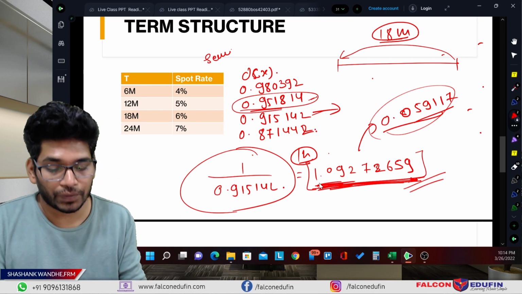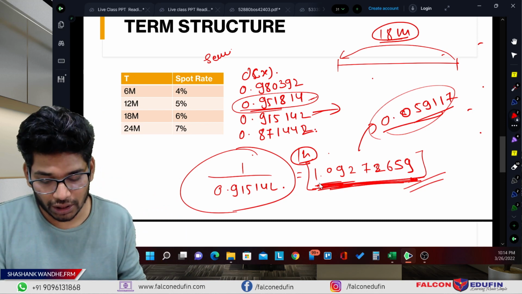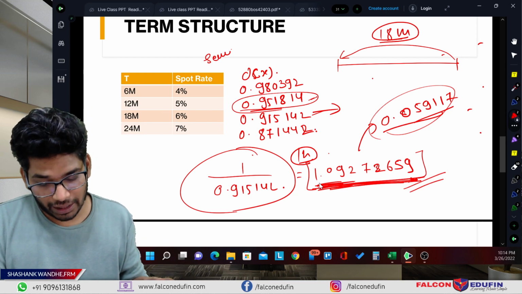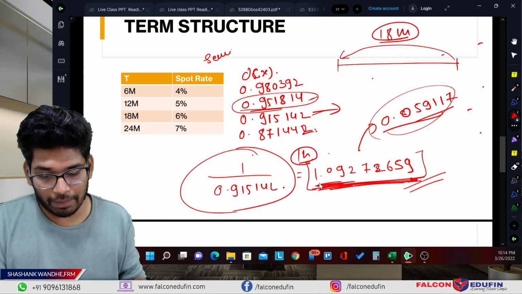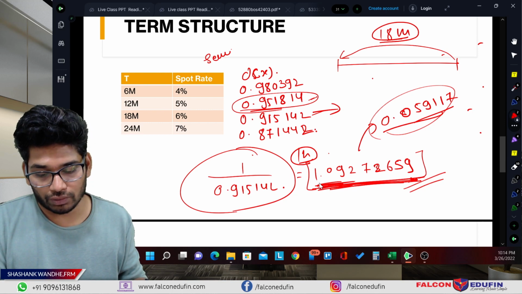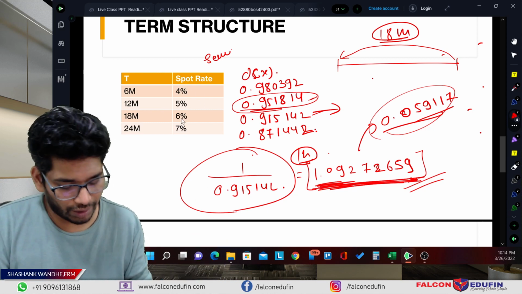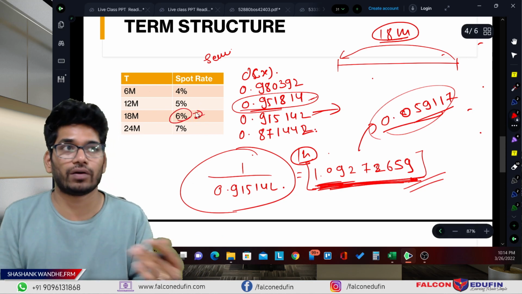It will give you the semi-annual structure. Then press second exponential, then minus 1, and then multiply by 2. Then you will get 5.999 and so on. That is 6%. So this will give you accurate results.